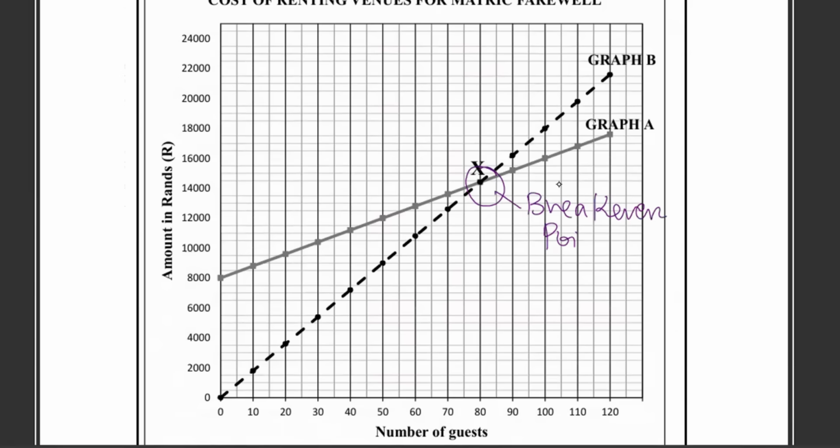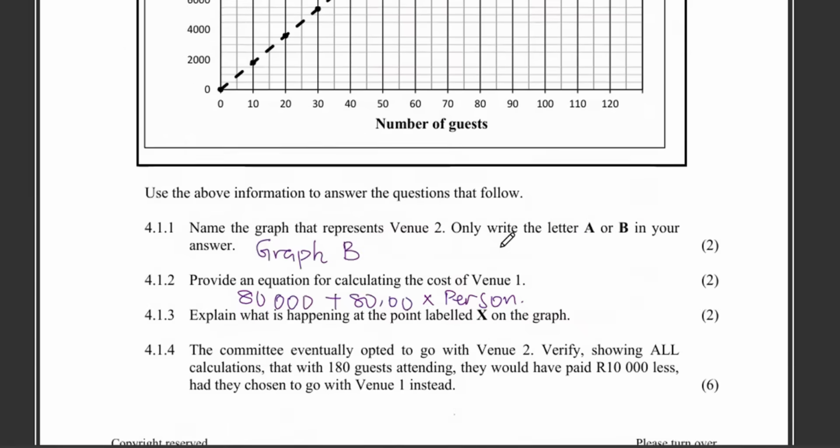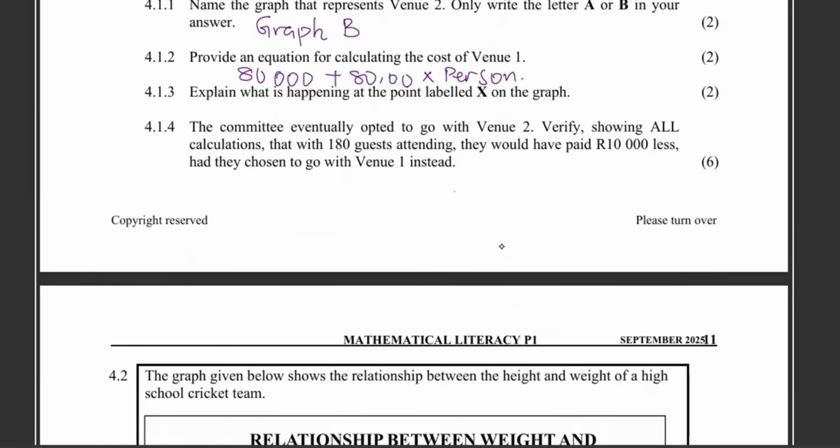What happens at the break-even point? They're saying explain. This is when the cost of both venues is equal. The cost for both venues is equal.